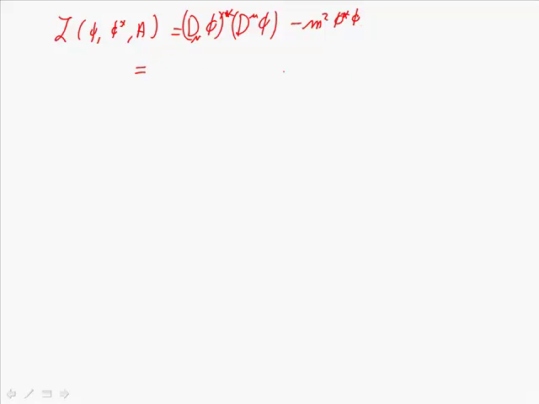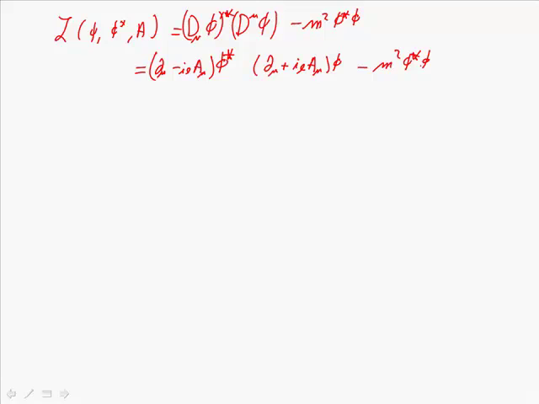To do that, let's write out this first term here. The D mu phi is d mu plus i e, where e is the charge, A mu acting on phi. On the other side, we complex conjugate everything. So it's d mu minus i e A mu acting on phi star. So then I get minus m squared phi star phi.